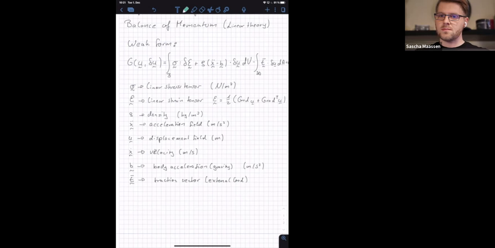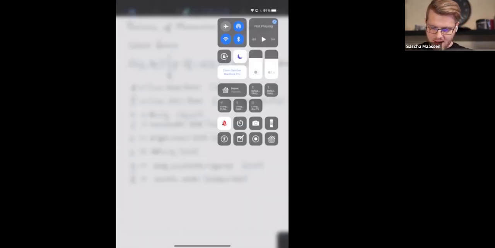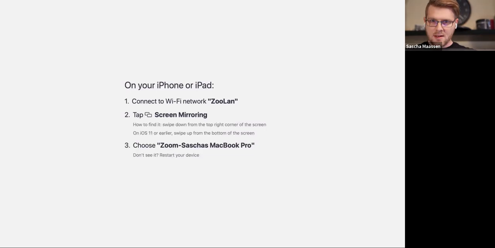How big is the leg? I got the information; there's a lag between what I write and what you see. So maybe I'll try to disconnect once and connect again.